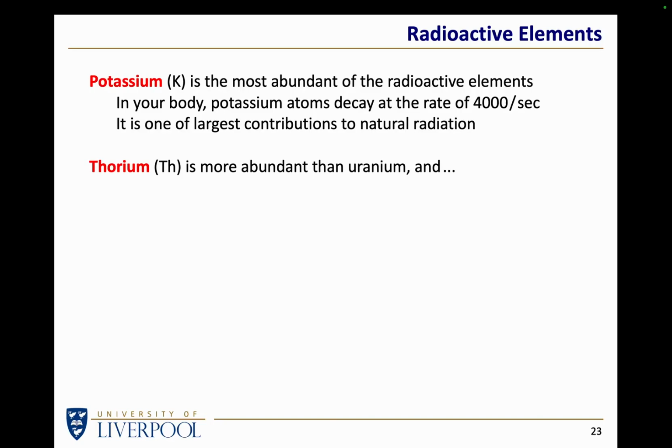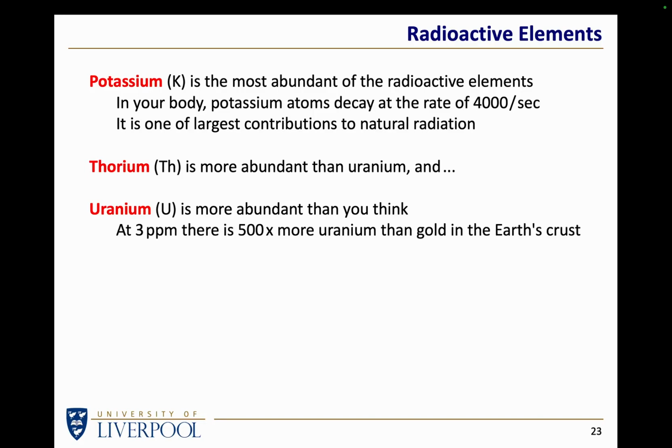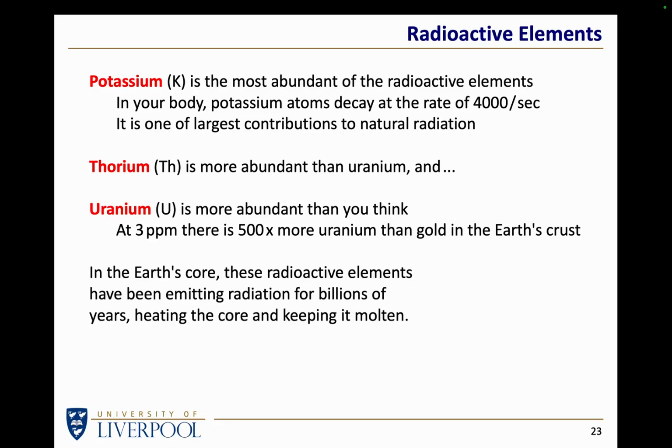Thorium is more abundant than uranium, and uranium is more abundant than you think. Uranium is more abundant by a factor of 500 compared to gold. There's 3 parts per million. That is way more than the amount of gold in the Earth. But it's a little more difficult to dig out, so we don't tend to have lots of it lying around compared to the economic benefit of digging up gold.